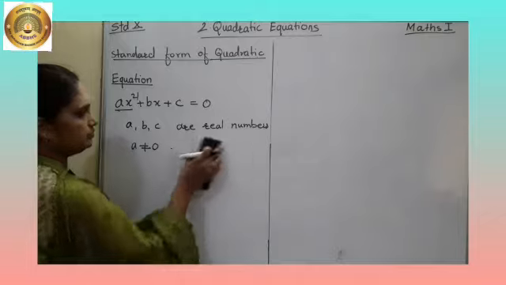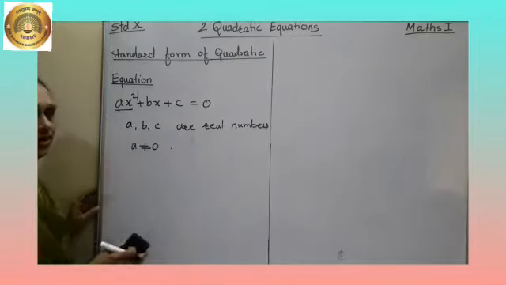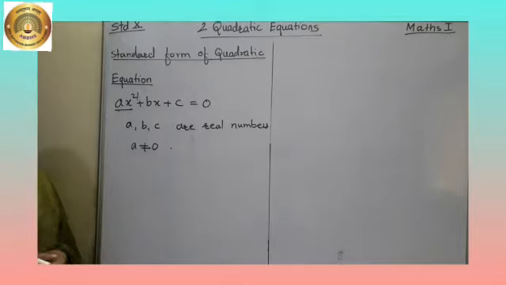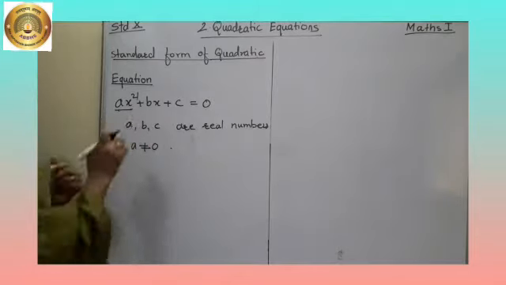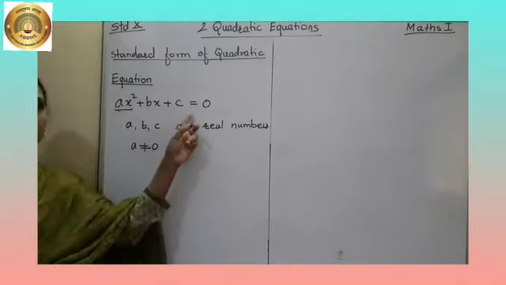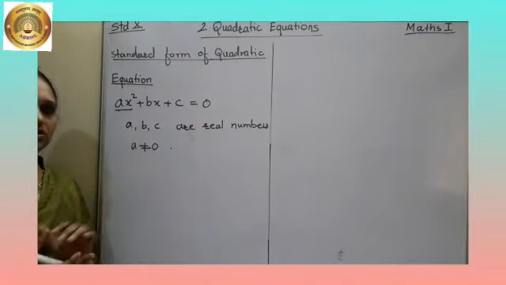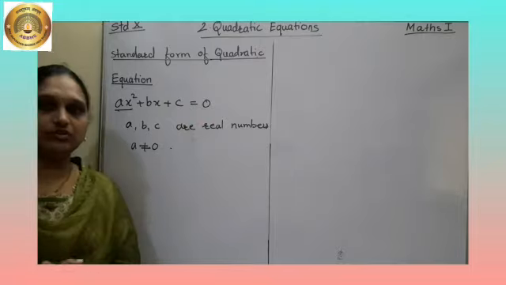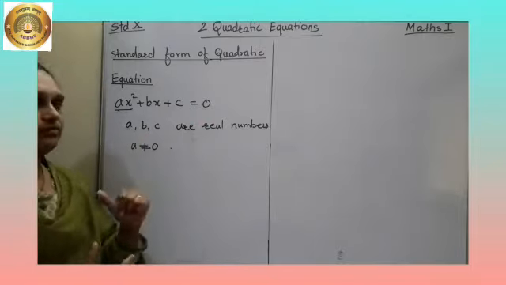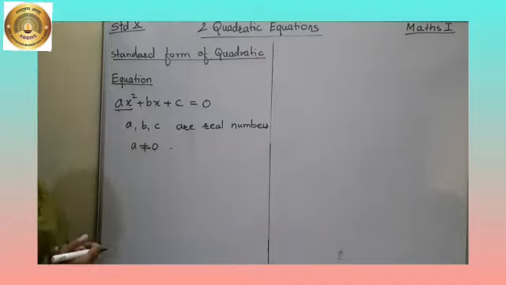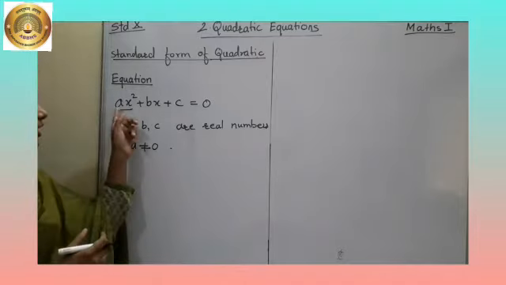Now how do we define the quadratic equation in standard form? This is an equation because the equal sign and 0 are there. So the definition will be: the equation involving one variable.